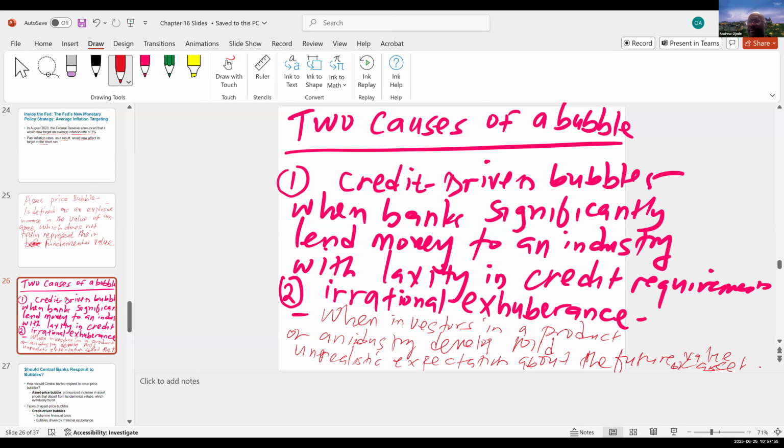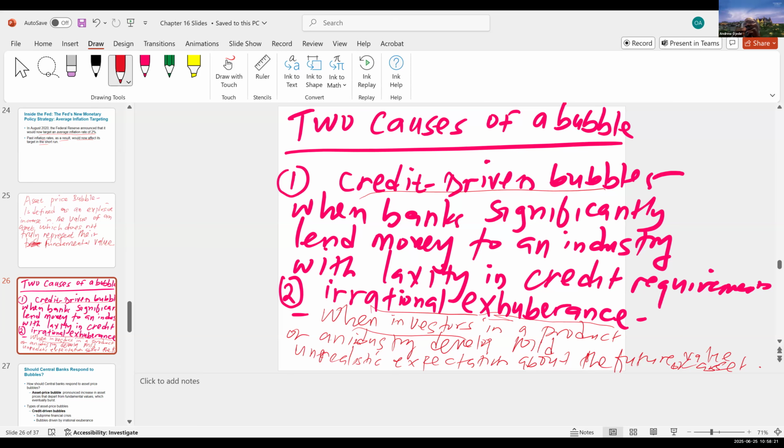In empirical models, it's very easy to identify credit-driven bubbles, but harder to identify bubbles driven by irrational exuberance, because this is more like investor psychology. It's very difficult to isolate from the data.